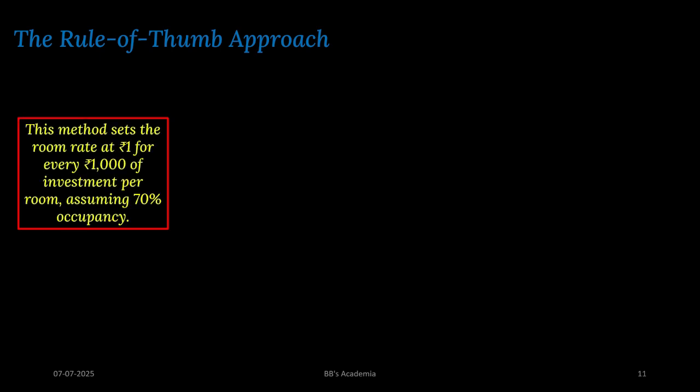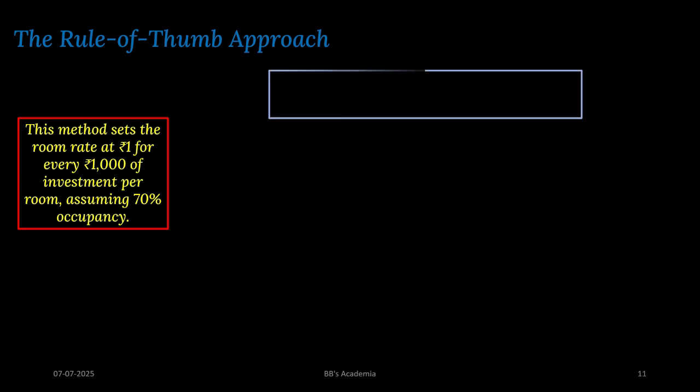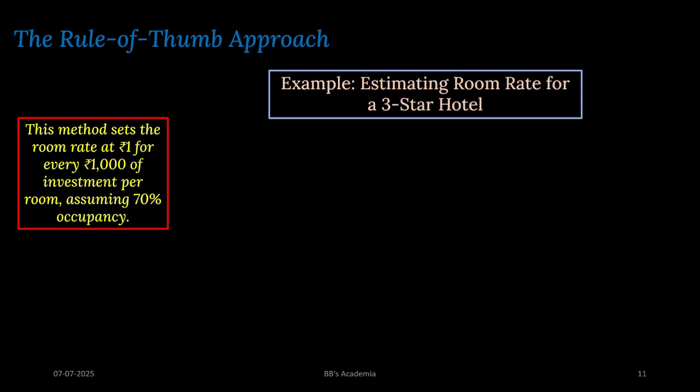This method sets the room rate at rupees 1 for every 1000 rupees of investment per room, assuming 70% occupancy. The simplest way it is mentioned. Let us take one example for a 3-star hotel and estimate the room rate.